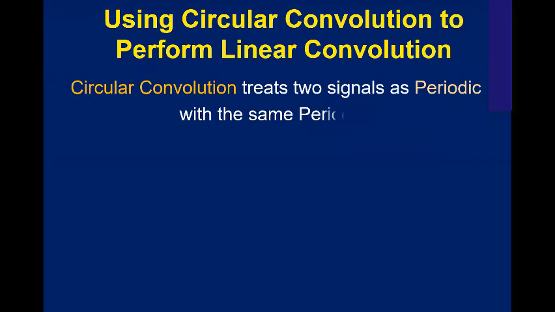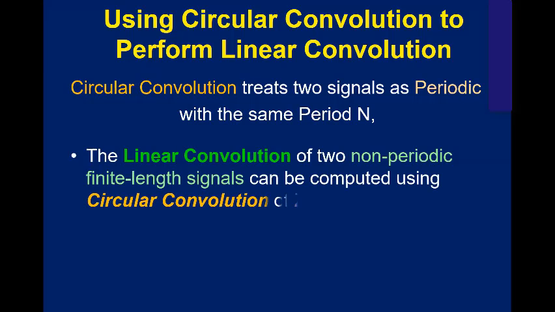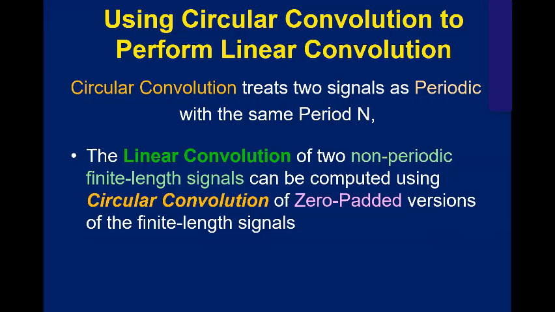Well, circular convolution is going to treat our 2 input signals as if they're periodic with the same period n, where n is however many positions we have around the circle of our circular convolution computation. If we're trying to perform a linear convolution of 2 non-periodic finite length signals, we can do that actually using a circular convolution mechanism.